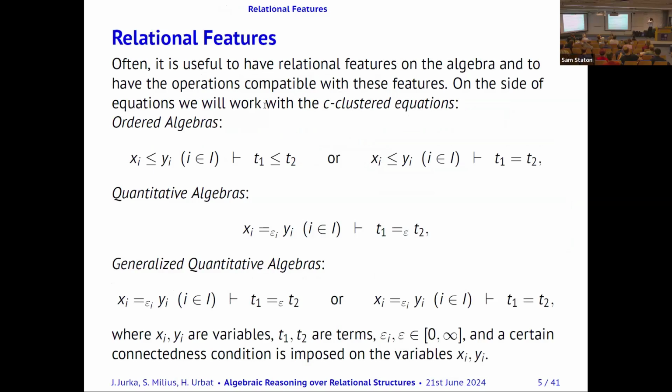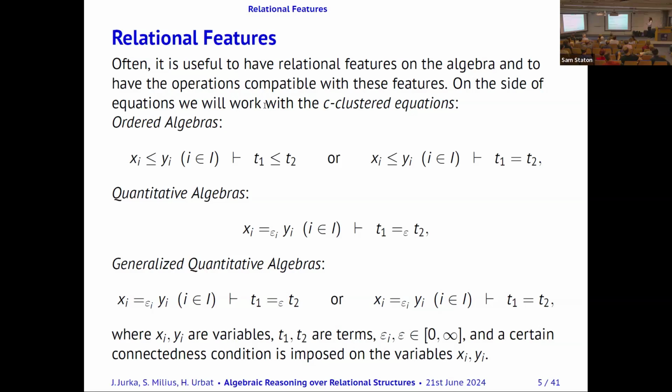Sometimes, as I mentioned, it makes sense to consider relational features on top of these algebraic features and to have them compatible with each other. On the side of equations, there are some choices one can make when choosing what kind of equations to consider, but a very reasonable choice are so-called C-clustered equations. For ordered algebras, they can have two forms, either this first form or the second form.